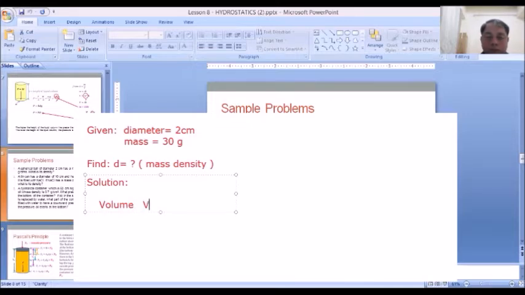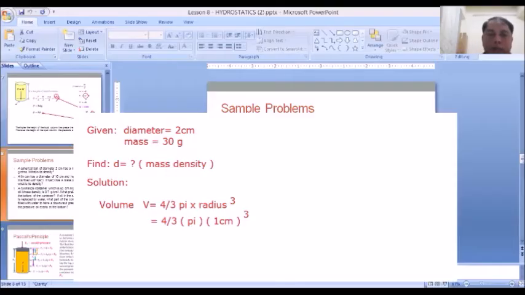The volume for our sphere is 4/3, then we multiply it with pi, then we multiply it with our radius, and we raise the radius to the third power. We cube the radius in our formula. So that's 4/3 pi r cubed. And again, that's how we calculate the volume.